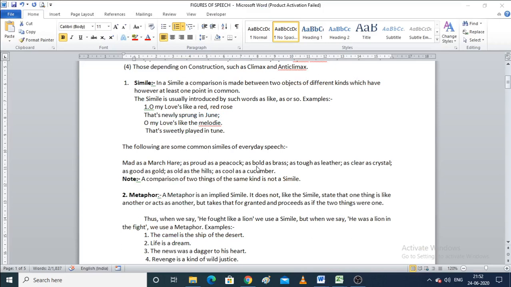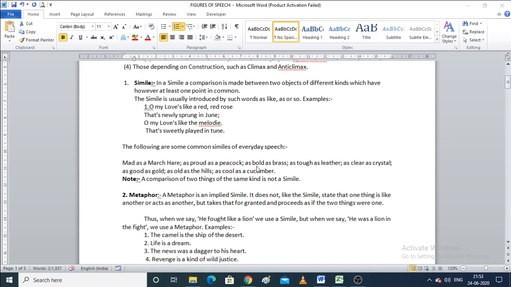Now, simile. Simile is a literary device. First of all, we can say it a literary device, or we can say it a figure of speech. Now, what is simile? A simile is a comparison which is made between two objects of different kind. I will repeat it again.